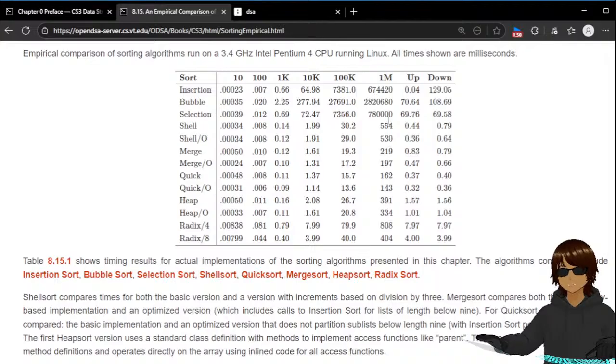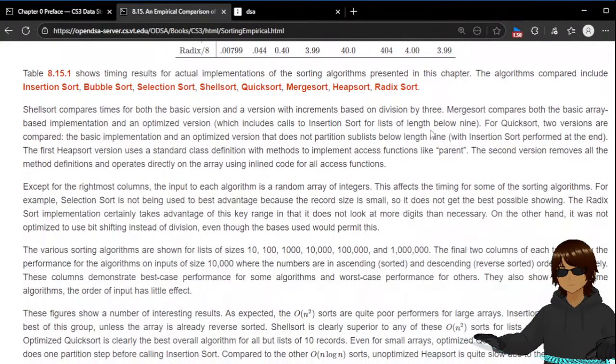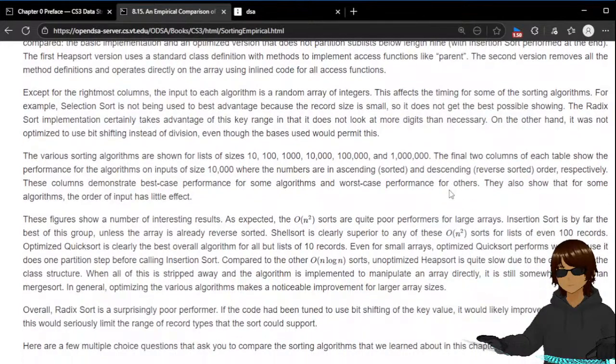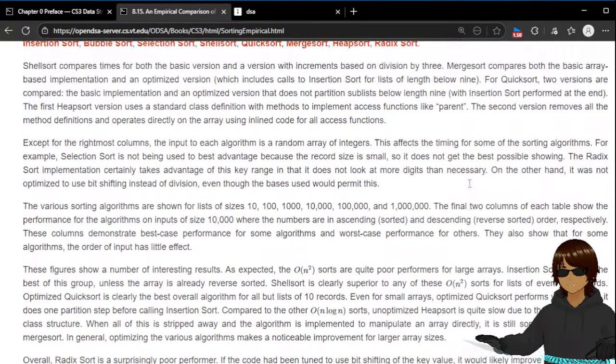Even though shell uses insertion, the difference is so huge. The final two columns of each table show the performance for the algorithms on inputs of size 10,000 where the numbers are in ascending sorted and descending reverse sorted order respectively. These columns demonstrate the best case performance of some algorithms and worst case performance of others.